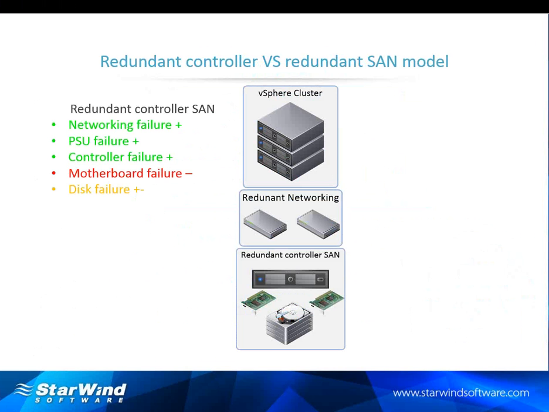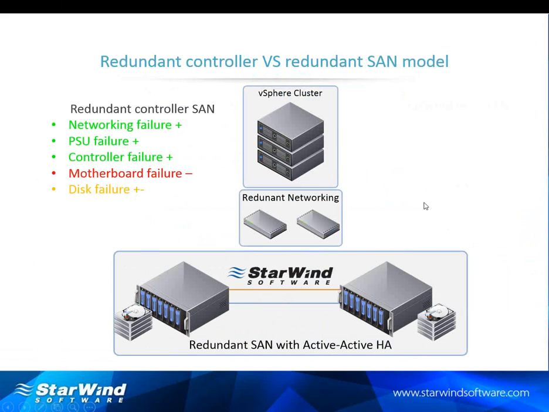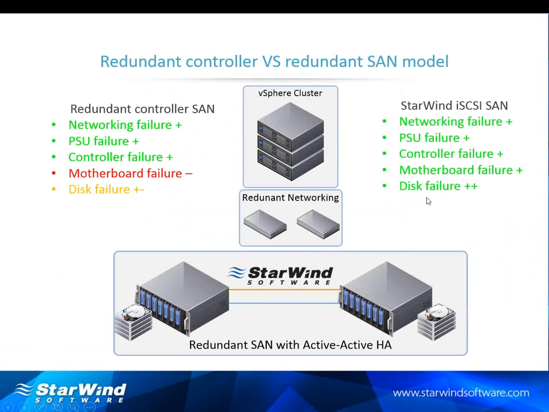So this produces a certain amount of downtime, and it varies depending on when the most recent backup was, or if you have any backup at all. Well, with a fully redundant SAN approach, which StarWind offers, you can withstand nearly any failure.